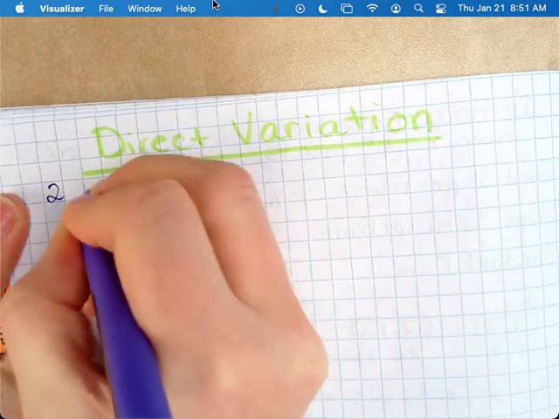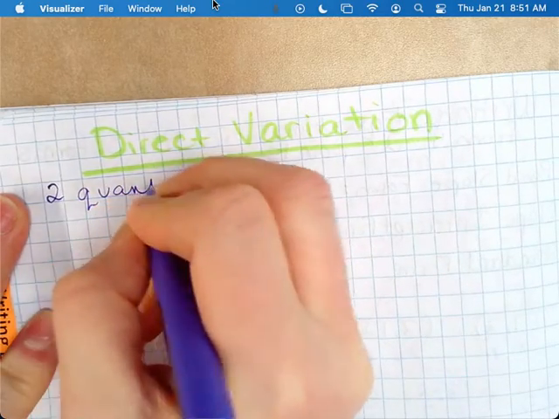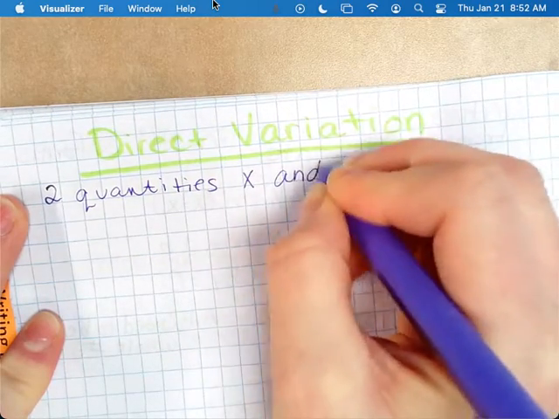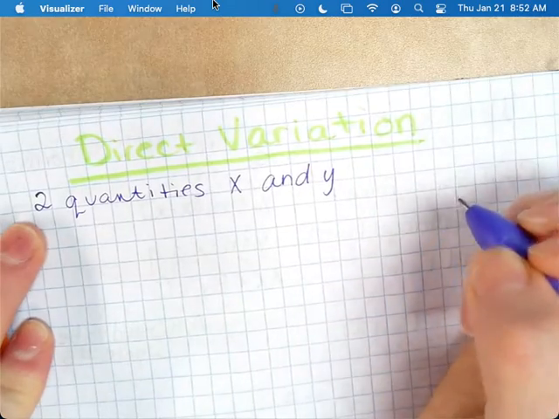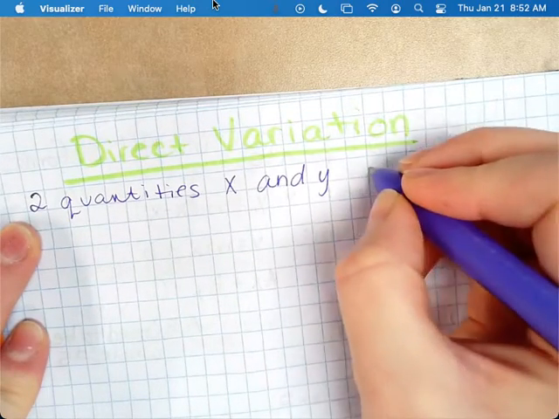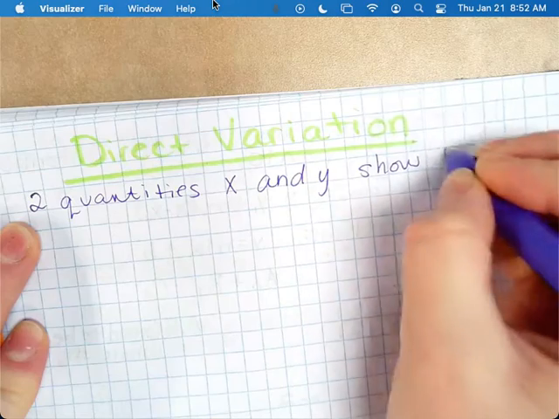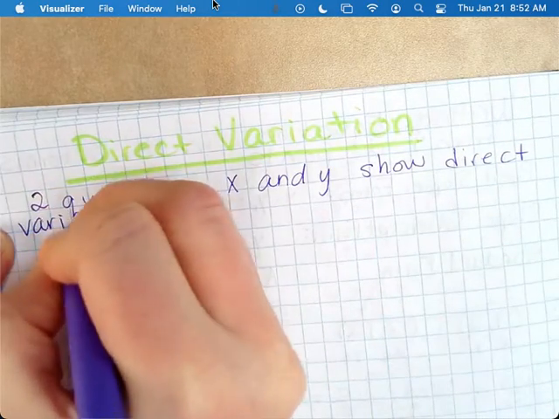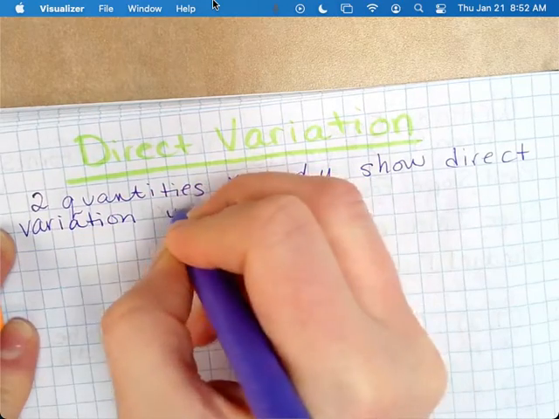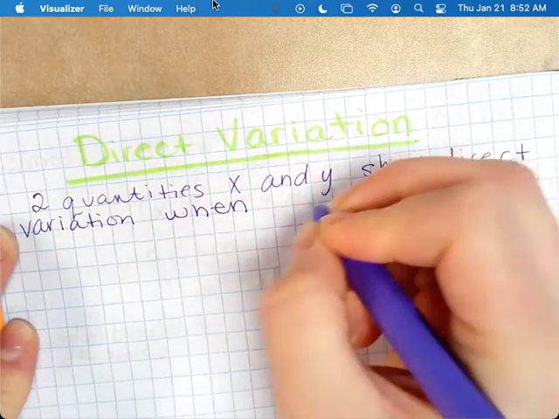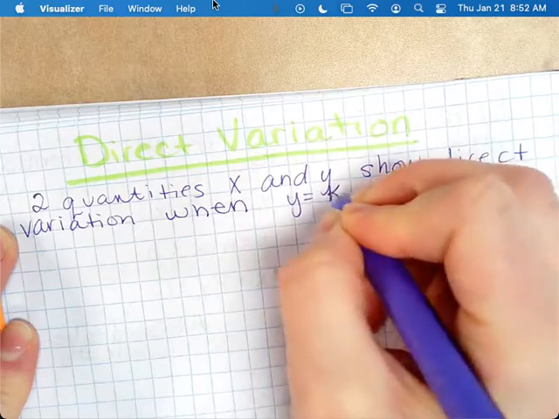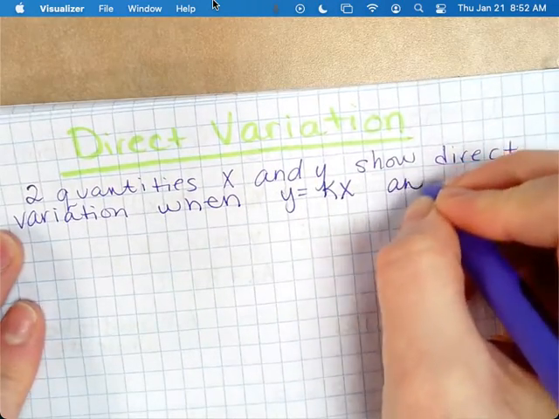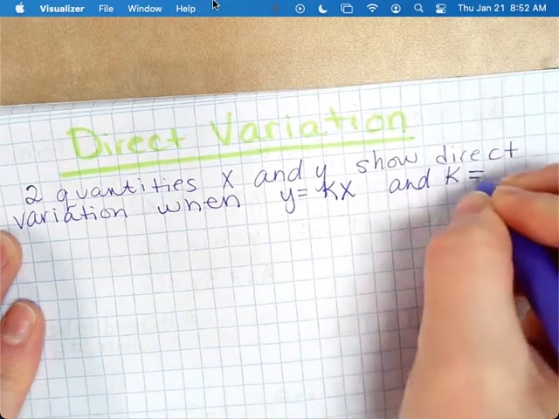So it is two quantities, x and y. Two quantities, x and y, show direct variation when y equals kx. There's a proportional relationship, and k cannot equal 0.